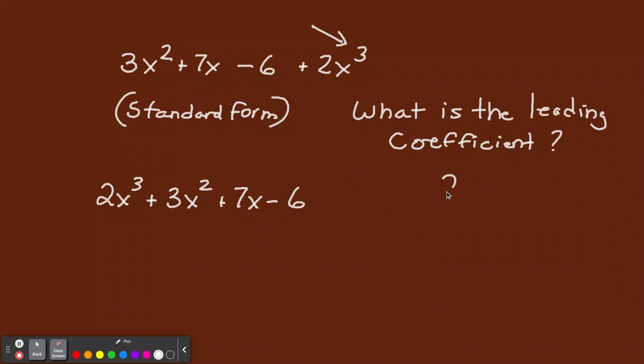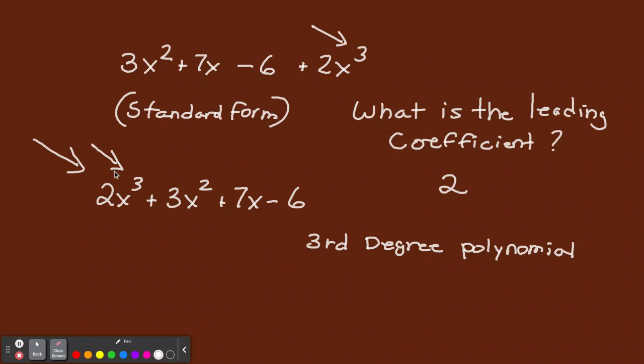So the leading coefficient will be 2, right? It's the leading one. This will be a third degree polynomial. And it's third degree because it has a 3 as the leading exponent, and the leading coefficient is the one with the largest exponent.